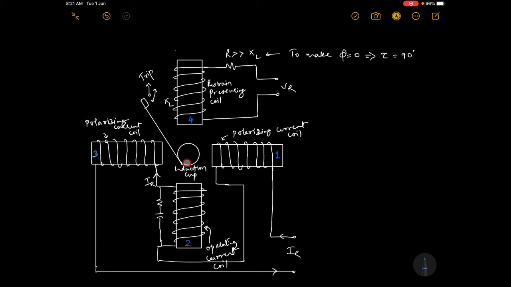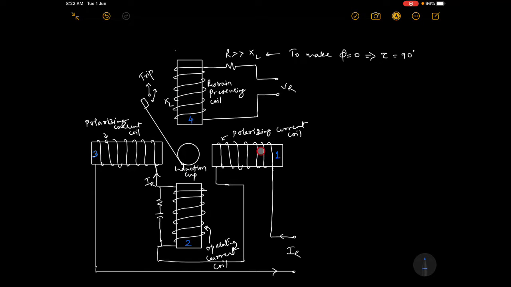It is constructed using an induction cup. Induction cup is used here because it has less inertia, so it acts instantaneously compared to your disc type. There are 4 coils here, we have named them 1 2 3 4.